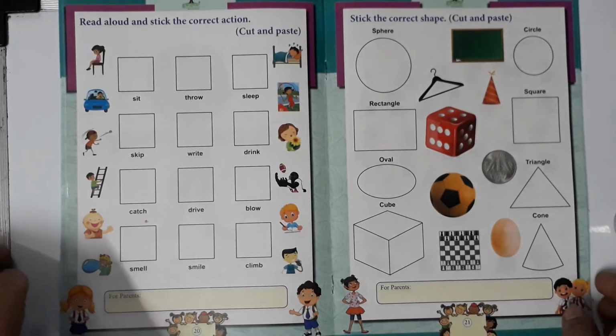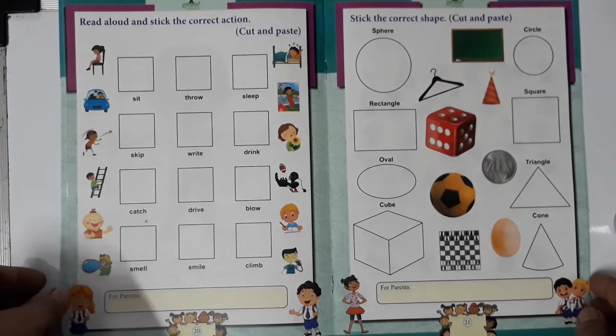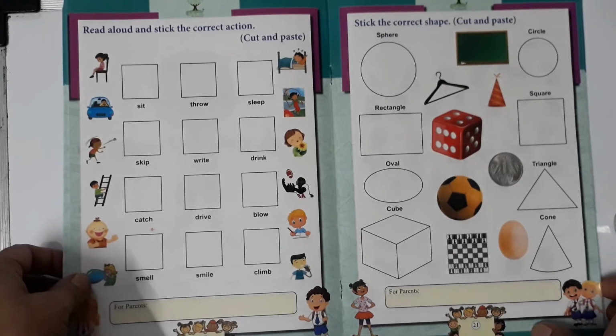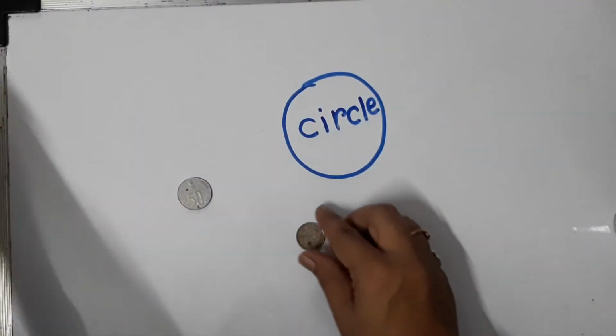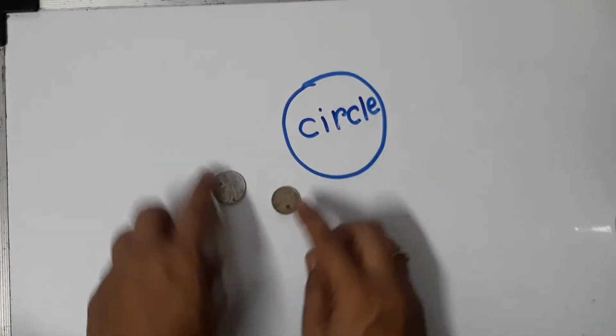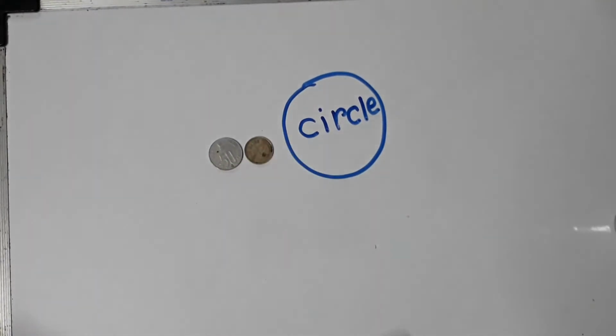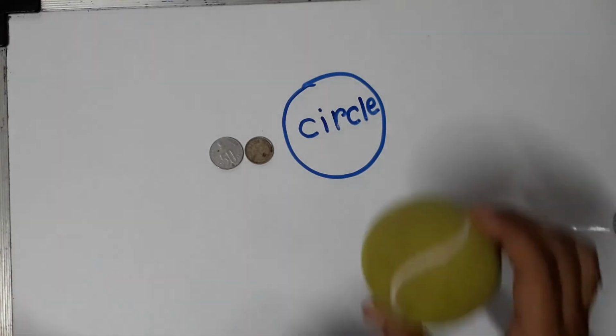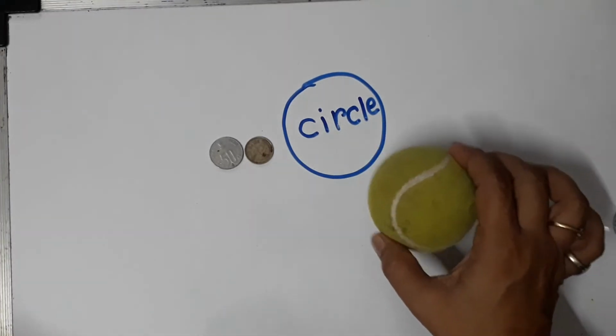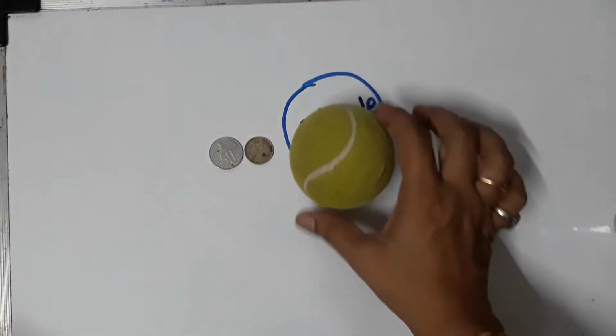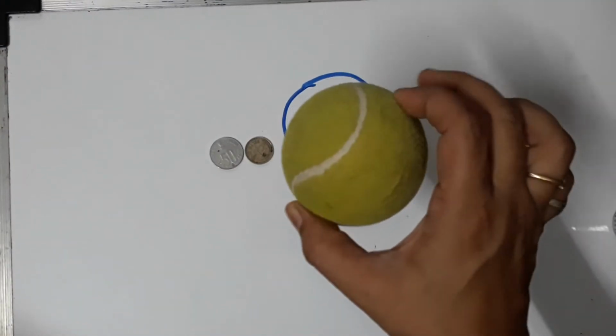Now let's see what is the difference between a circle and a sphere. See, I have some coins. So you can say this is a circle shape. But if I take a ball, it looks like a circle shape, but this is not a circle.